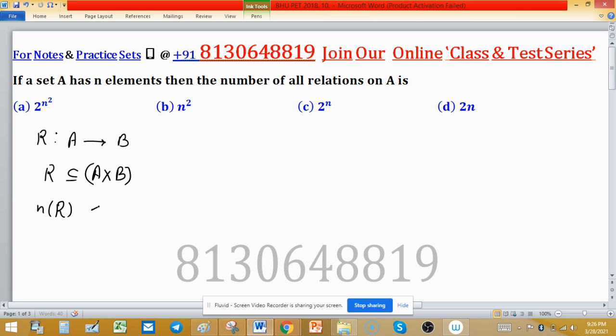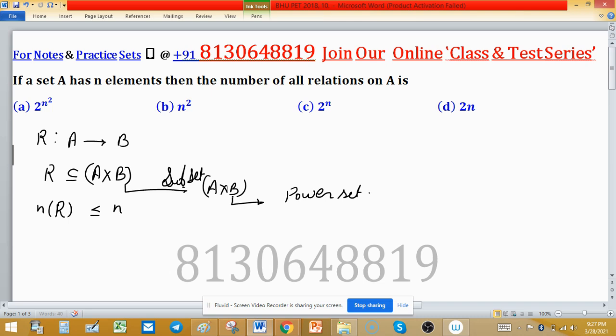The number of relations is always less than or equal to the number of all subsets of A cross B. And subsets of A cross B means indirectly we are talking about the power set.